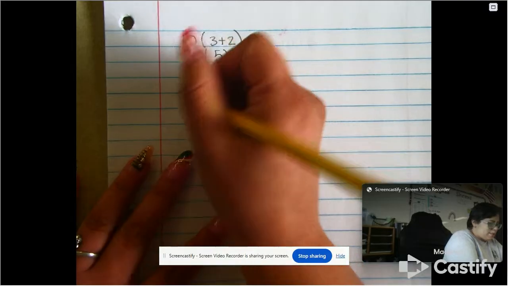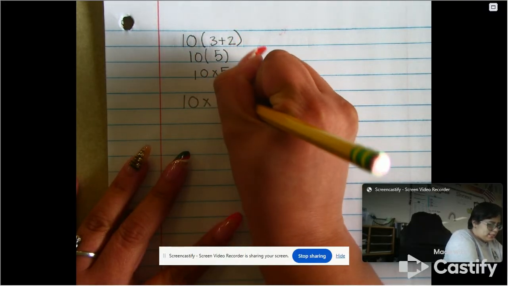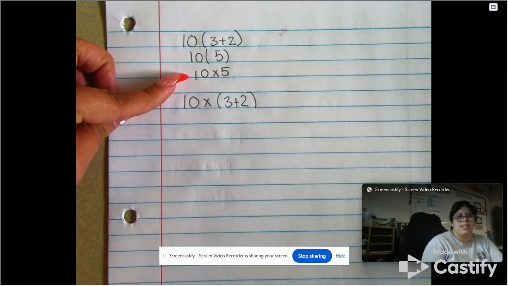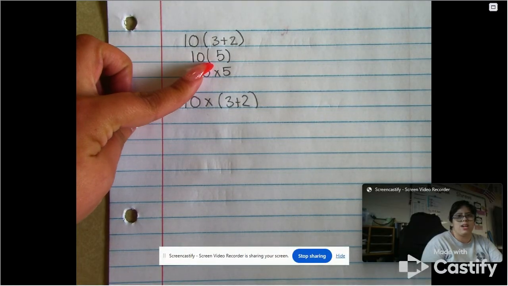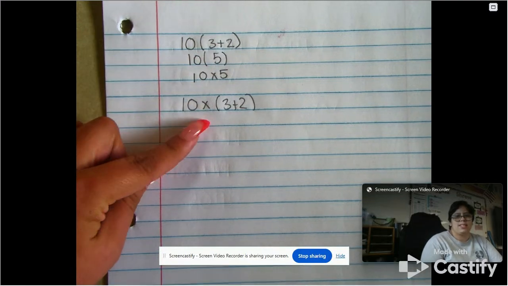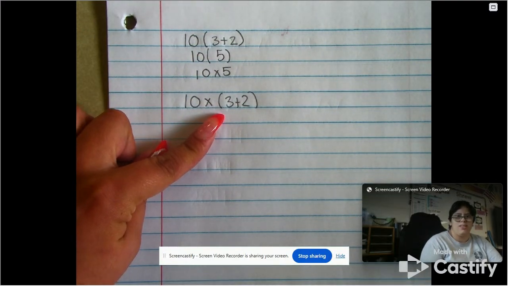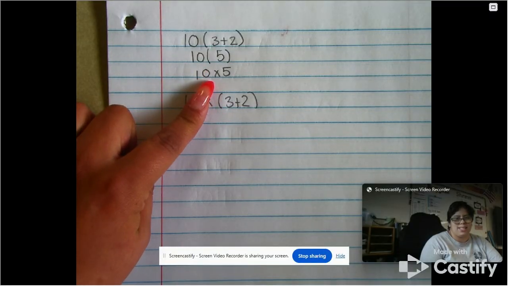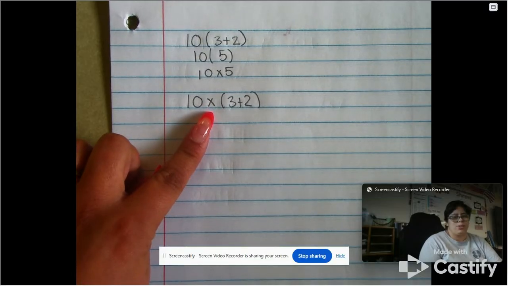So sometimes you will see something like this. If we were to follow this rule, this still means 10 times 5, because there's no other operation here. But in this example, we have an operation, multiplication, and the parenthesis. In this particular case, it means the exact same thing, 10 times 5, because our operation is still to multiply.